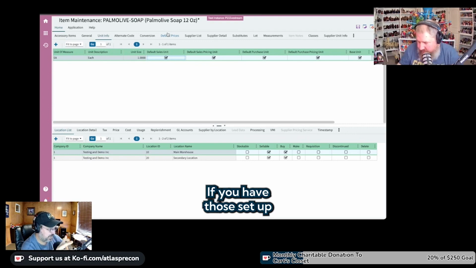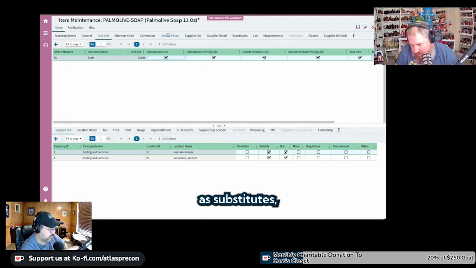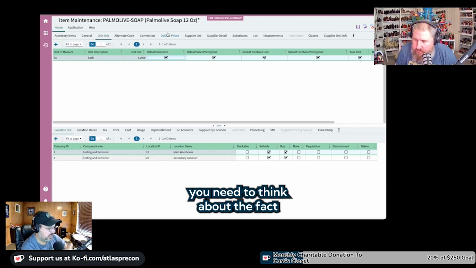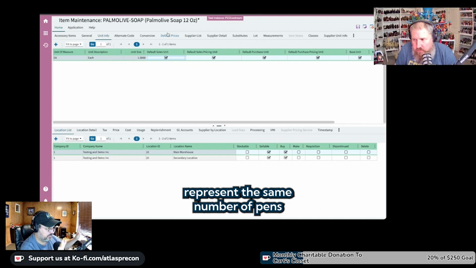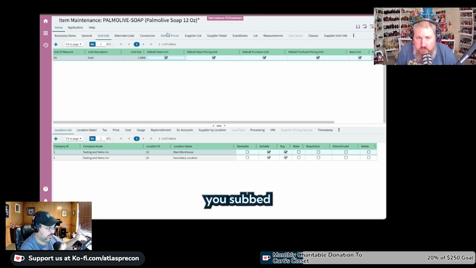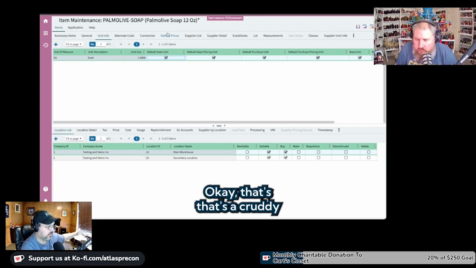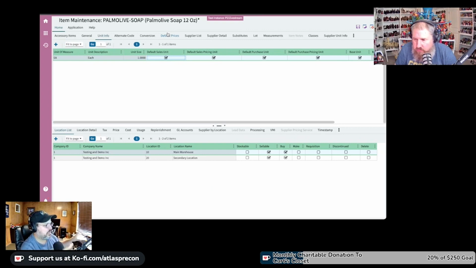If you have those set up as substitutes, you need to think about the fact that if pack is your base unit on those two things, it doesn't represent the same number of pens. You subbed 10 pens for something you would normally sell 12. That's a cruddy example, but you get my point.